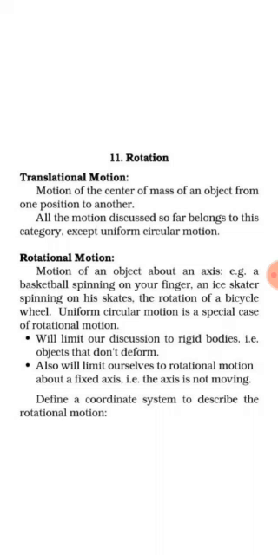We can also say rotational motion occurs if a rigid body is pivoted, meaning fixed at a point, and a force is applied on the body at a suitable point. It rotates the body about the axis passing through the pivoted point.